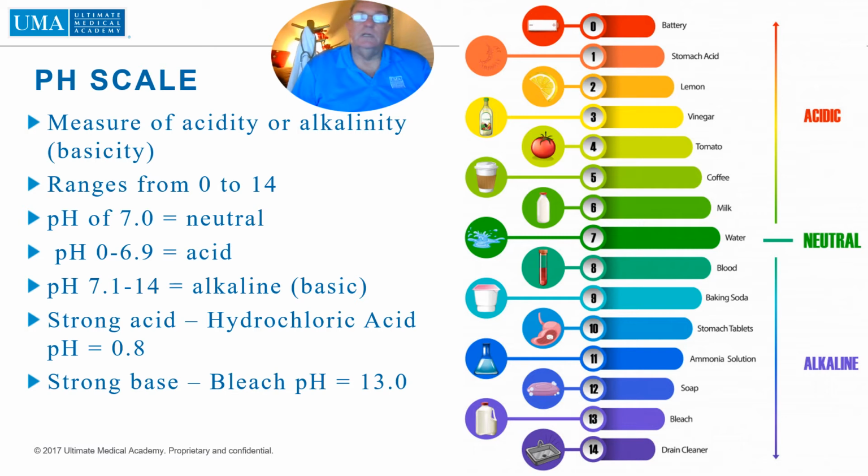There are numerous other causes of the pH being imbalanced, but the primary ones are the kidneys and the lungs, your respiratory system. So, a very important issue to keep in mind in the medical field.